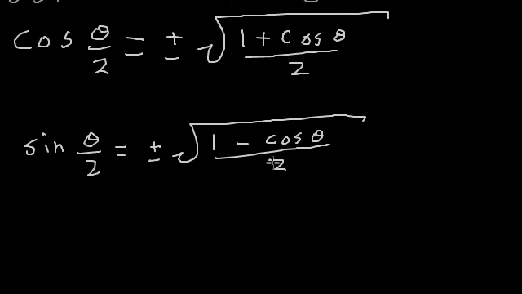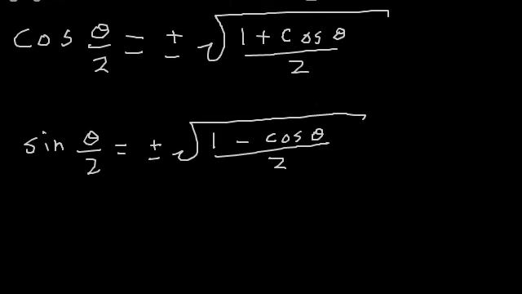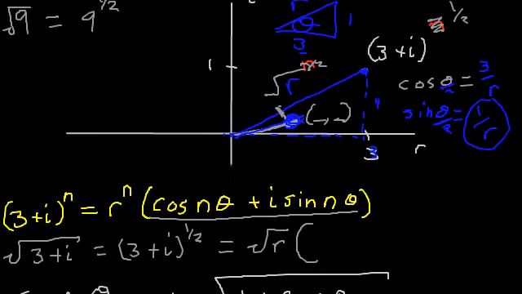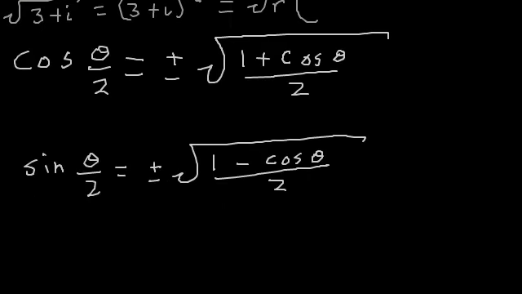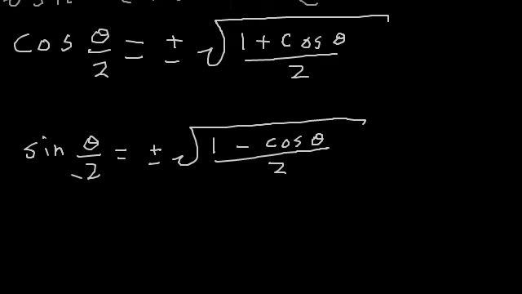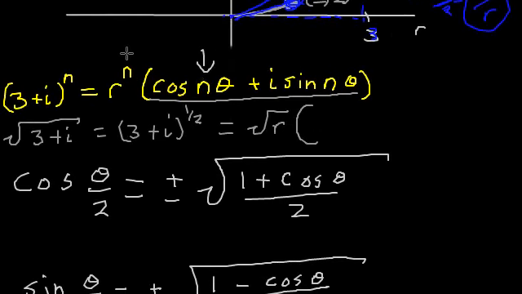It's beyond the scope of this video to go into why this is so, but just know that some other mathematician figured that out, might have been De Moivre as well, though I think it was way before that. We use that to figure out this part of it. So when you put this into this here, when n is a half, that's why it would be over 2.